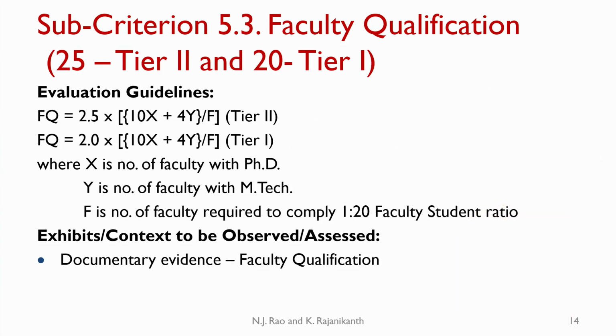So, you compute f, the number of faculty required, and (10x + 4y) divided by f multiplied by 2.5 will give you a maximum of 25 marks. Whereas for a tier 1 institution, instead of 2.5 you multiply the same ratio by 2, and once again the documentary evidence will be looked at by the visiting committee with regard to faculty qualifications.